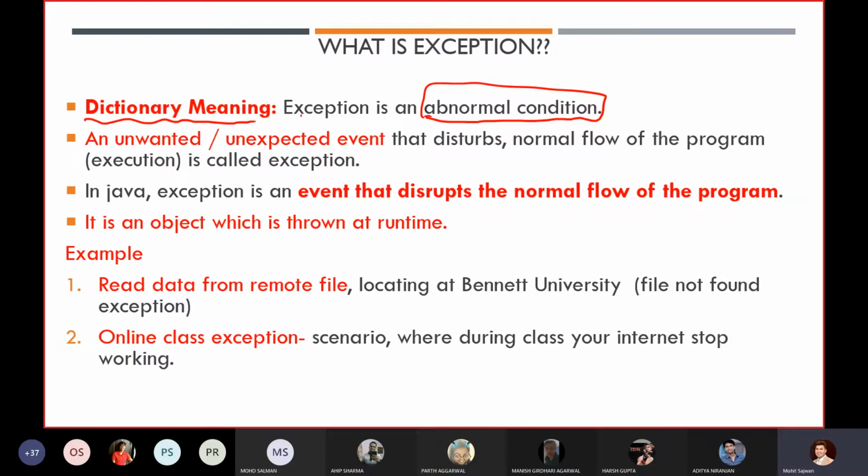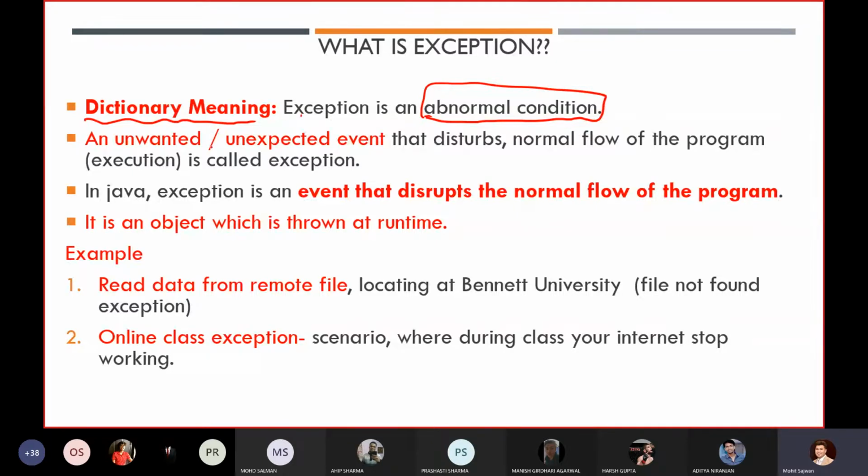You are working on your laptop, everything is fine, then something happens and the laptop is not working. You will say that you got some sort of exception, so now you won't be able to open your laptop or run your program.